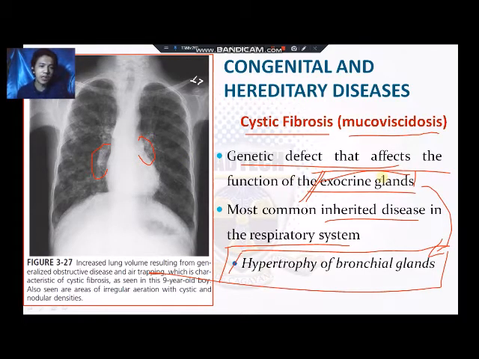Daghan kay mucus gina-produce si patient. So that's why the bronchial system, they will experience hypertrophy, no, mag-increase ang ilahang size. That is hypertrophy in relation to the size of our cellular bodies, nag-increase ang ilang size because of the mucus contents within the bronchial system of the patient.